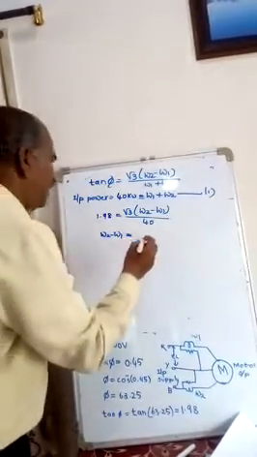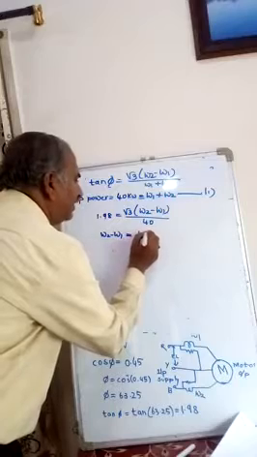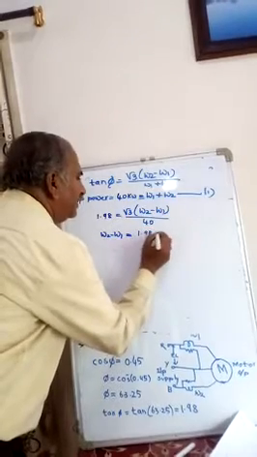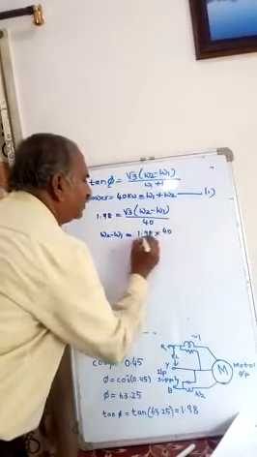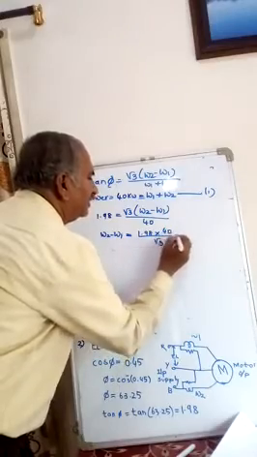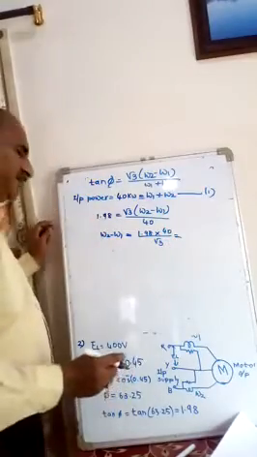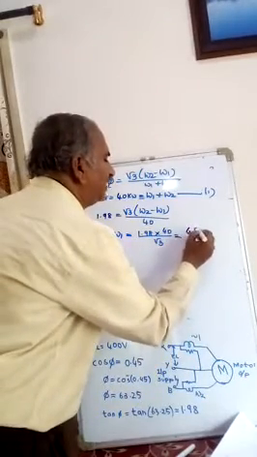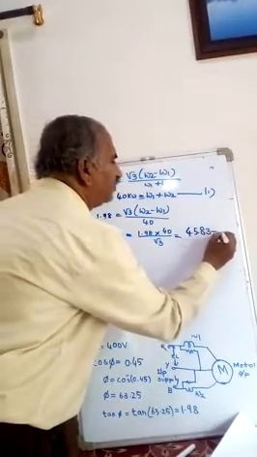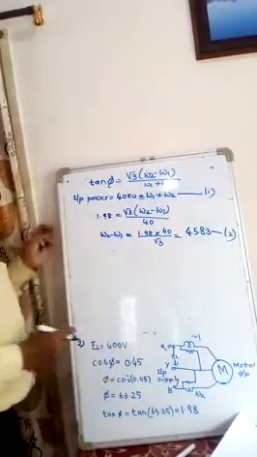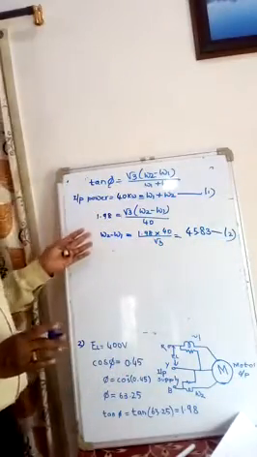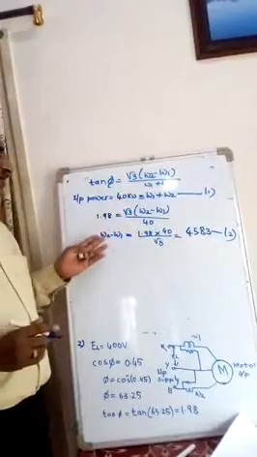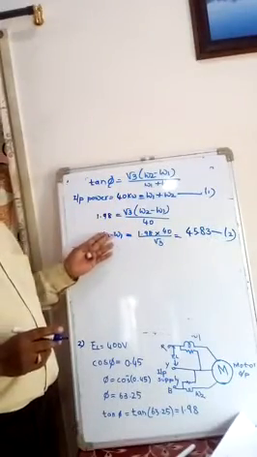W2 minus W1 equal to 1.98 into 40 divided by root 3. You calculate W2 minus W1. You are getting 45.83. So the problems are very easy. You know W1 plus W2, and now you have estimated W2 minus W1.